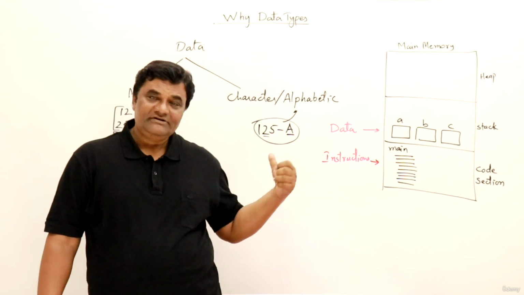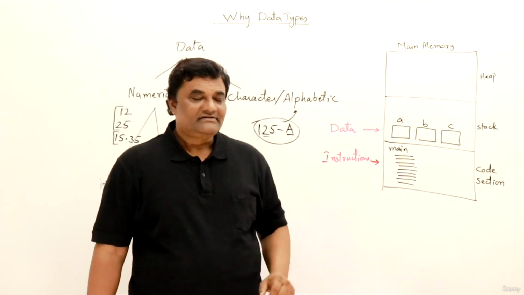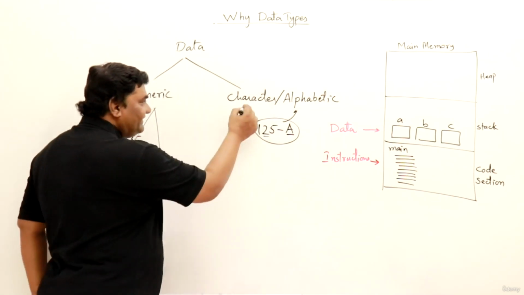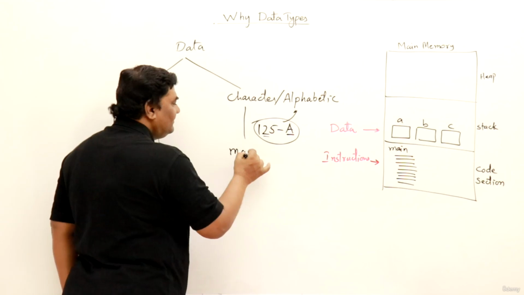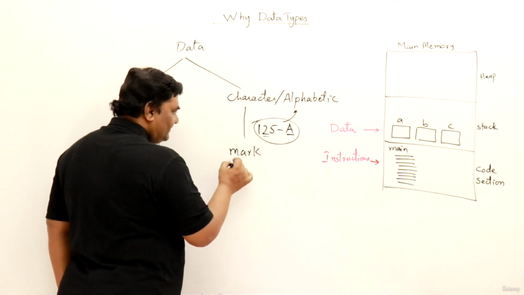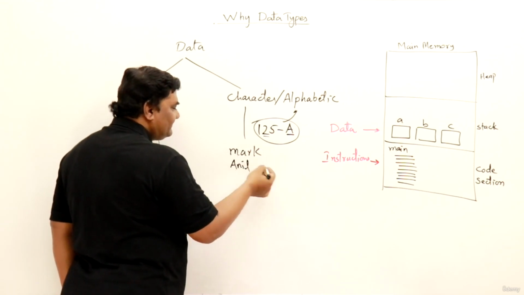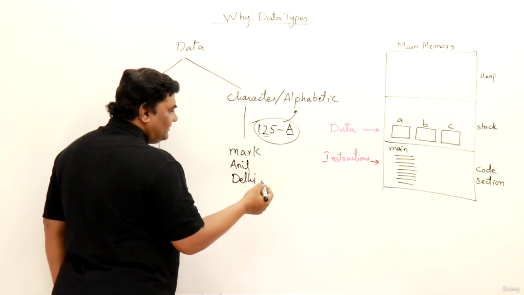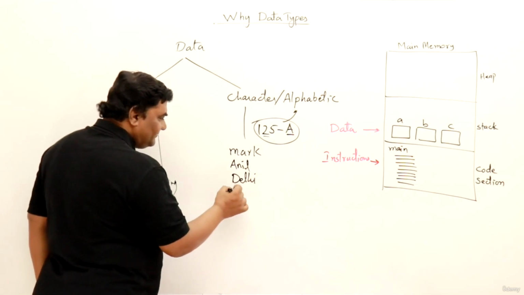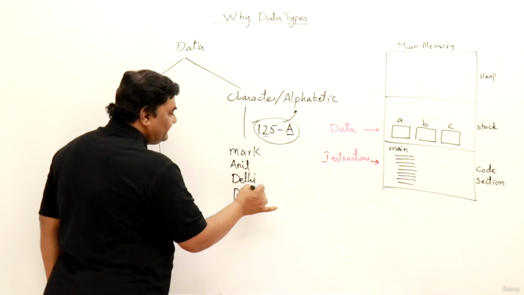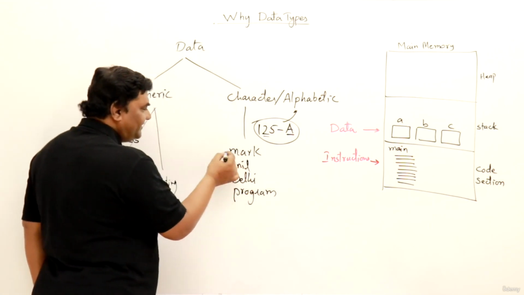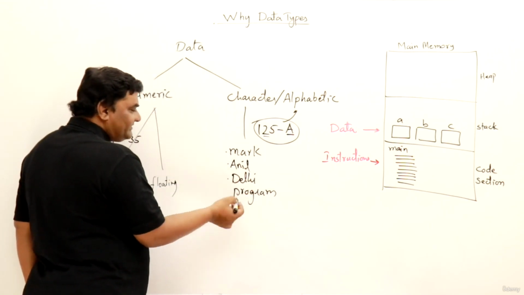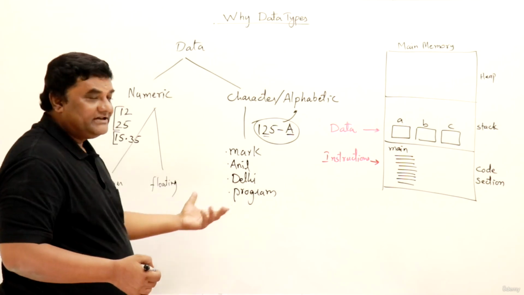Then next, coming on to this side, that is characters. Here, if I write a name, that is Mark, or Anil, these are names, or the name of a place, Delhi, right? Or any word, like program is a word. It may be the name of a person, the name of a place, or any word from the dictionary.